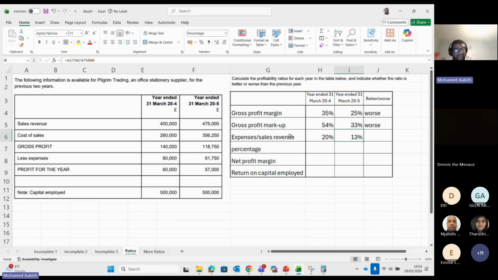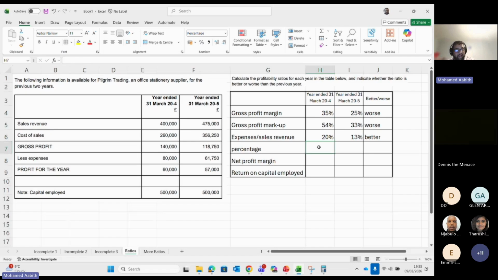What do you think about that? It got better, isn't it? Because remember, in this scenario, I have less expenses compared to my sales revenue. So the first two ratios both deteriorated, but in this scenario I have better control of my other expenses. Last year I had £80,000 and this year I had £61,750.